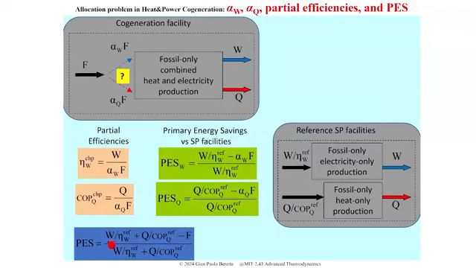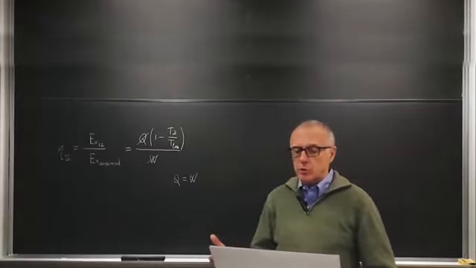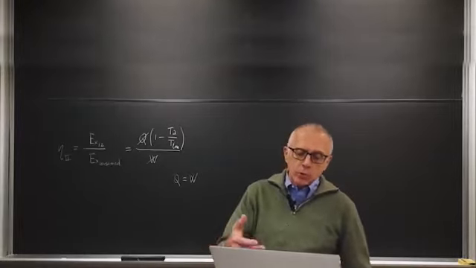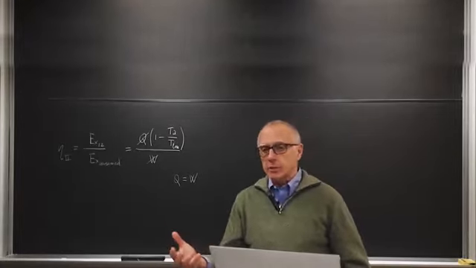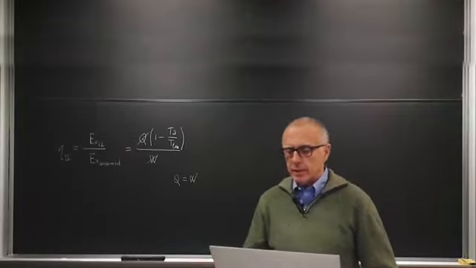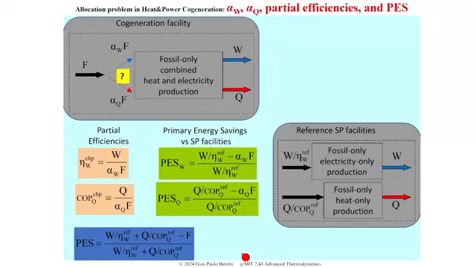So this is the ratio. And we know that typical cogeneration facilities allow you to save between 20 and 40%. So we're talking about large amounts. That's why it is pursued and done.